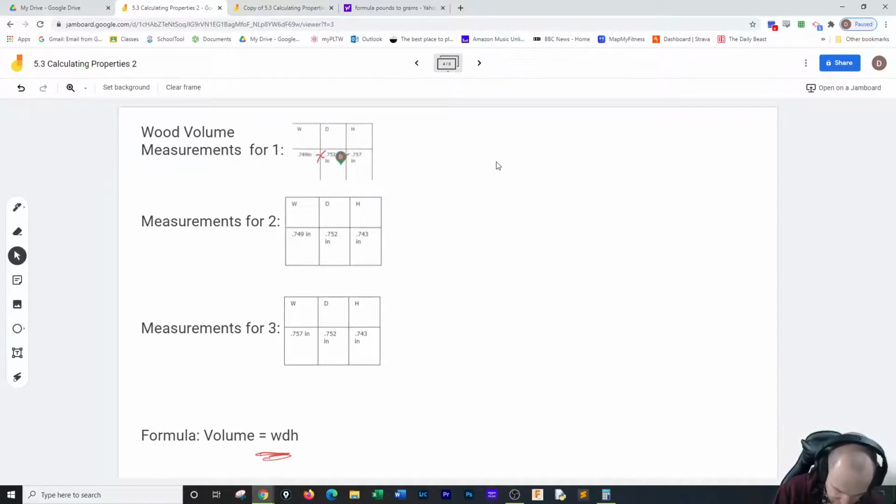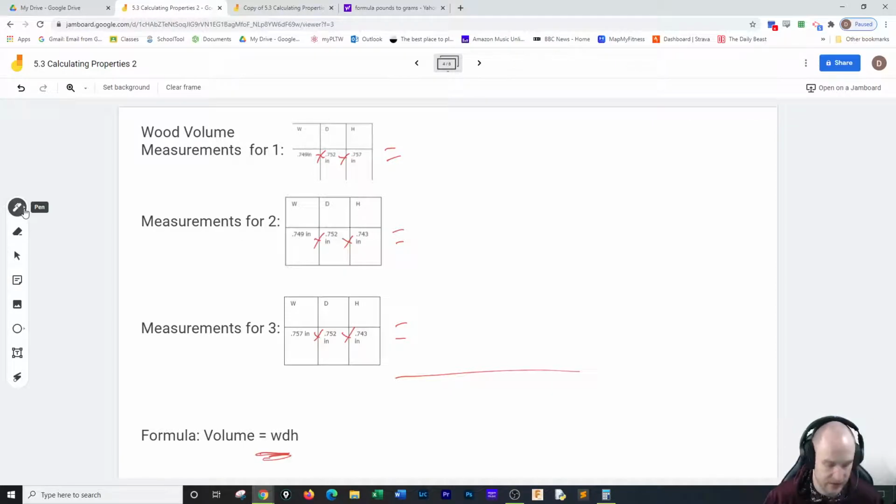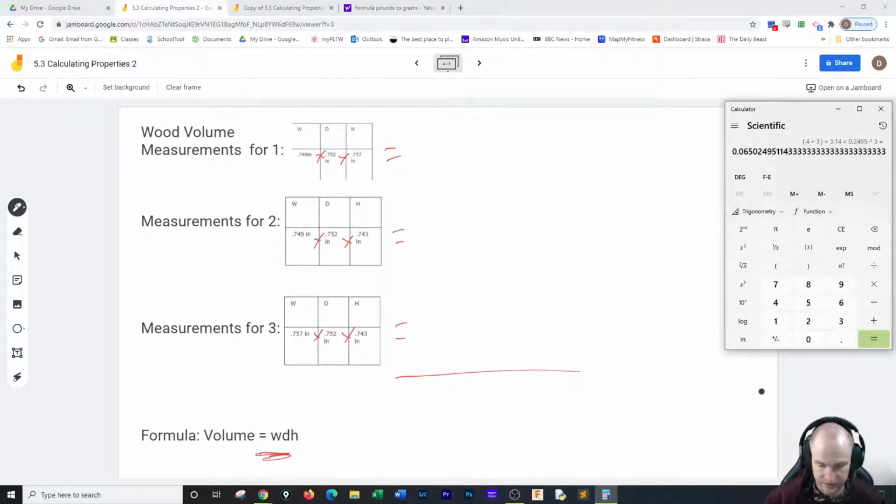So we're going to do this for all of them, and then we will add all 3 of them up and divide by 3. So this one is not too bad in terms of straightforward math. It's actually an easier calculation.